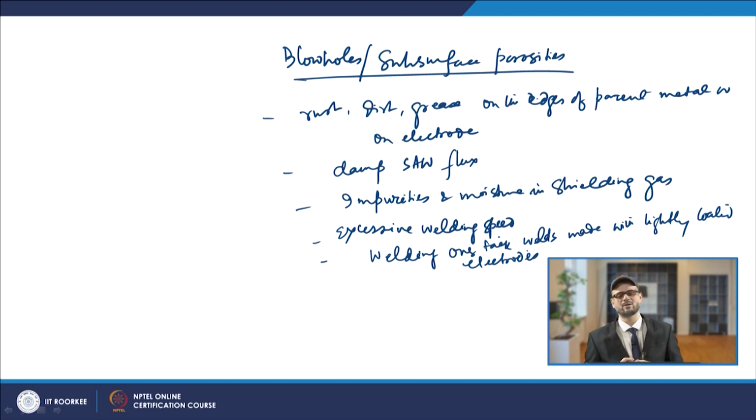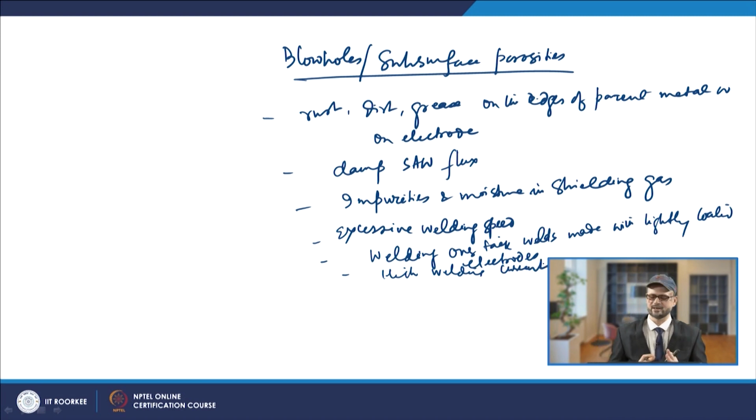Apart from that, another reason is a high welding current. So, these are basically the reasons for the porosities which are formed in welds, and this is normally known as subsurface porosity.